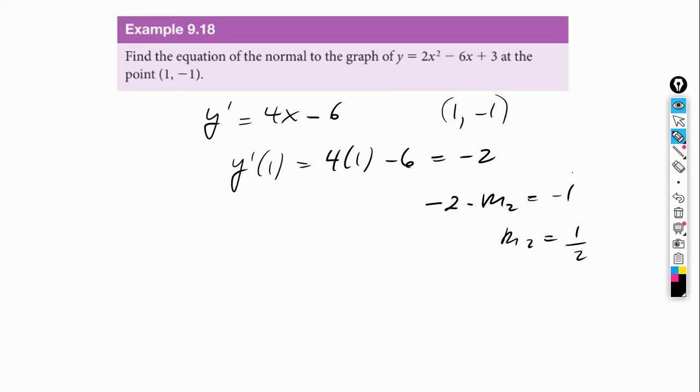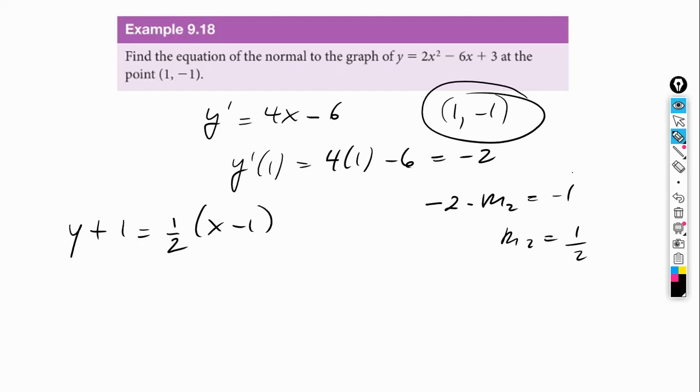So it's going to be y minus minus 1, referring to this point here, y minus minus 1 is equal to 1/2 times x minus 1. And if we expand and rearrange this, we're going to get that y is equal to 1/2 x minus 3/2.